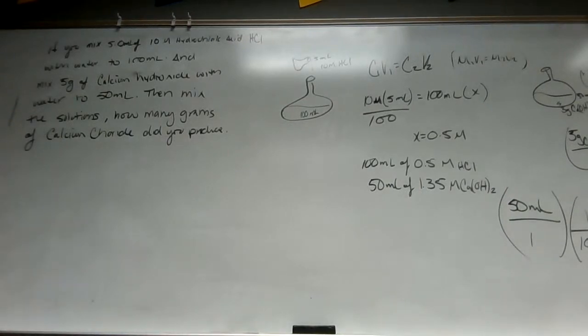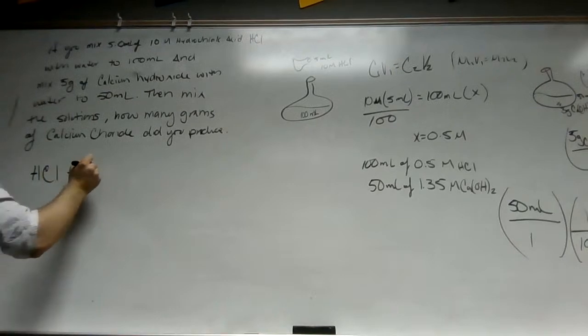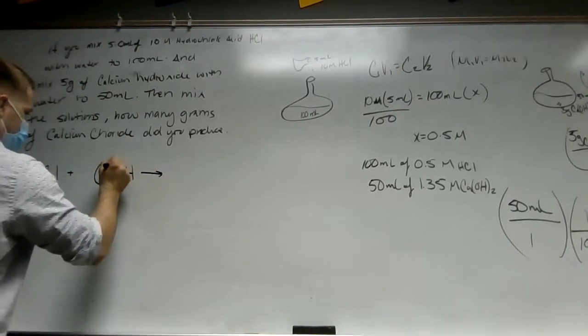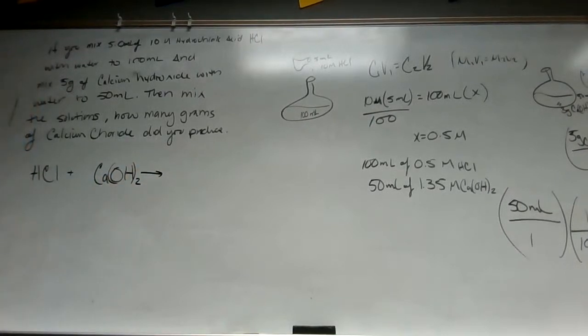So, we are mixing hydrochloric acid with calcium hydroxide. What are we going to make? Chemicals is what we're making. But remember, your positively charged species are going to go with the opposite negatively charged, otherwise we're going to make the same stuff.